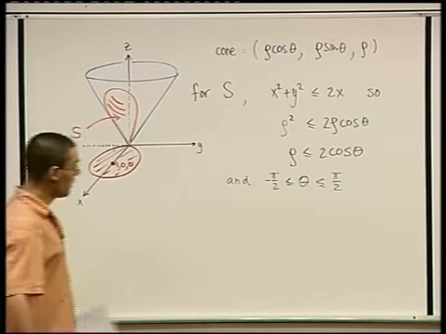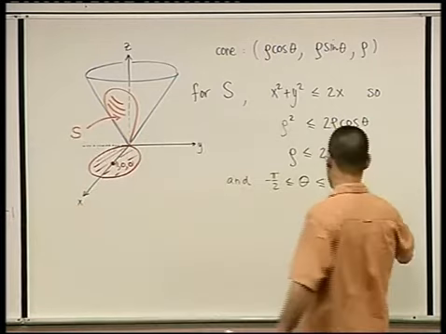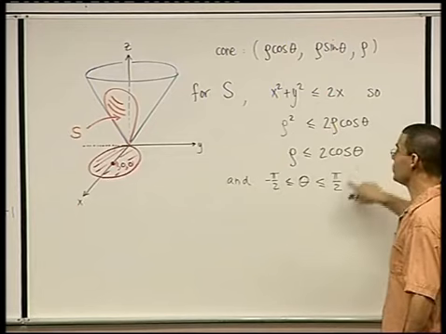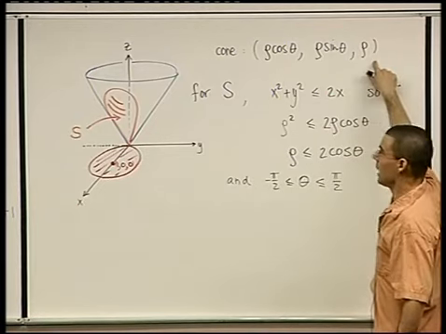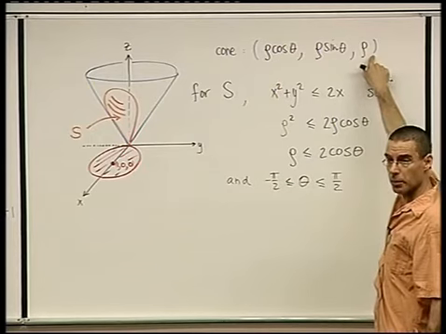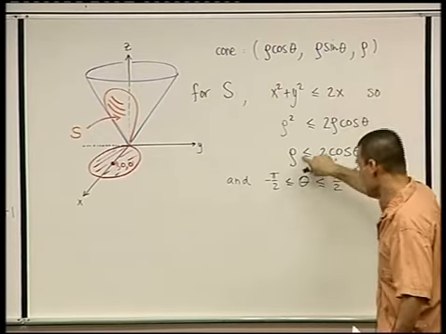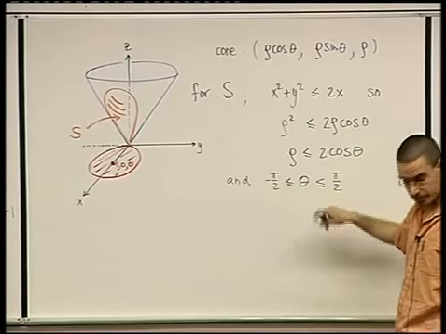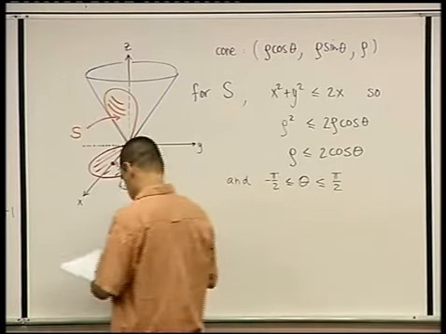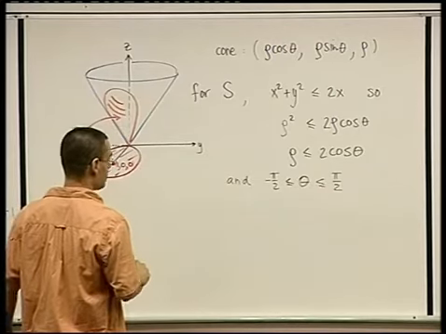Okay, so this is our parametrization. These are the requirements on rho and theta. This is the domain D that rho and theta belong to, and this is still the parametrization. It's all points of this form where theta and rho satisfy these two things. Clear? Okay. So now we can calculate the integral.